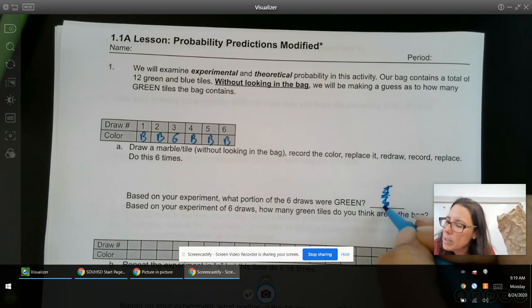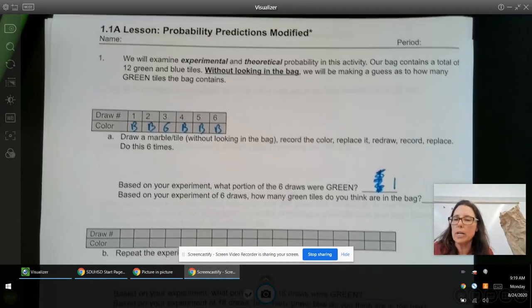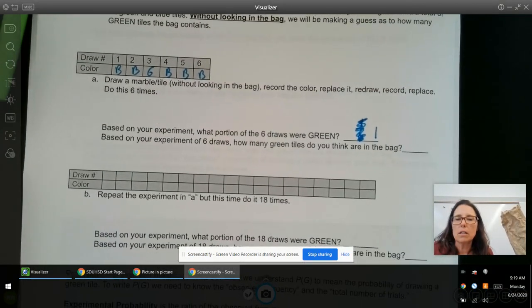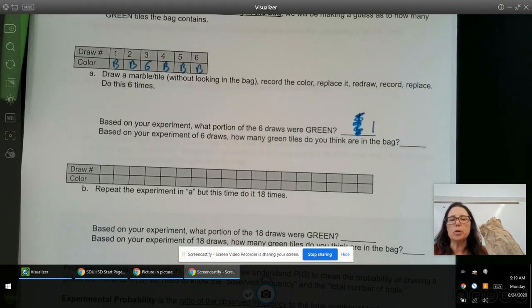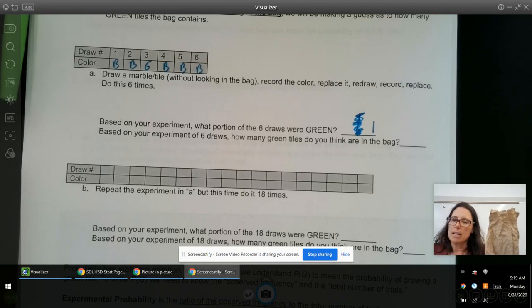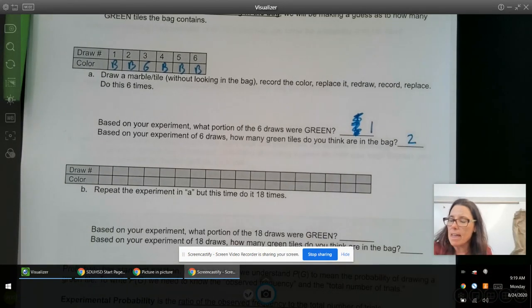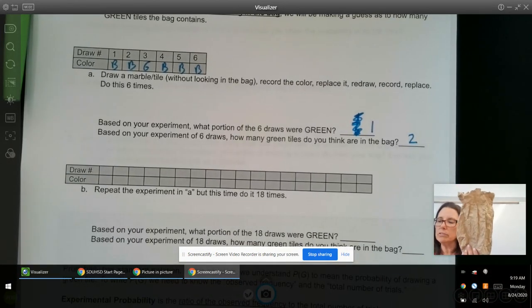We're not going to do 1/6. That's the probability. We're just going to say 1 was green. Based on your experiment of 6 draws, how many green tiles do you think are in the bag? Remember there are 12 tiles in here. My guess, 2? I think there might be 2 of the 12.